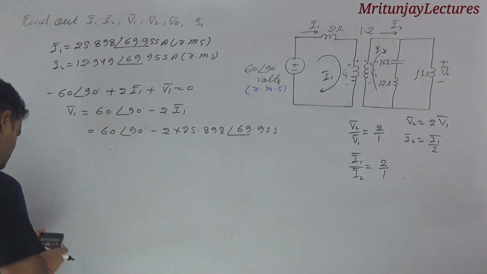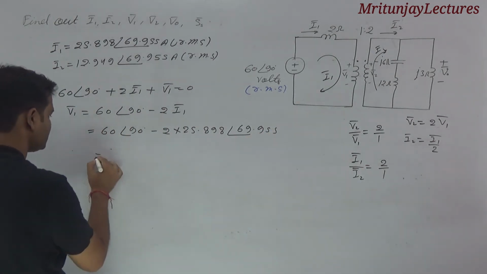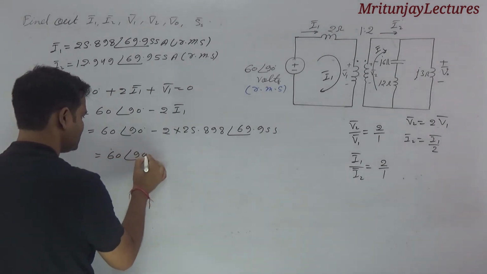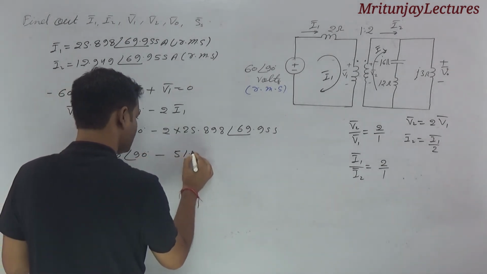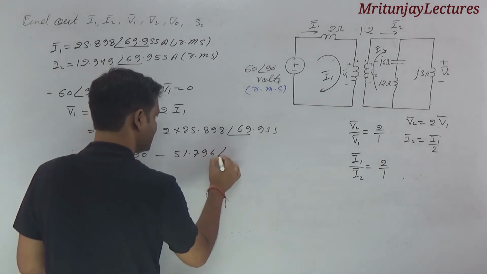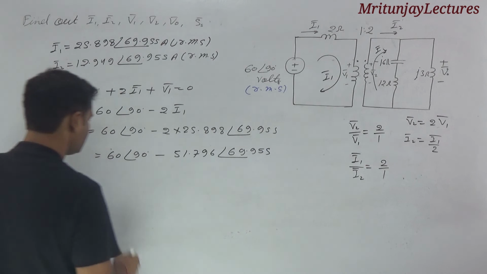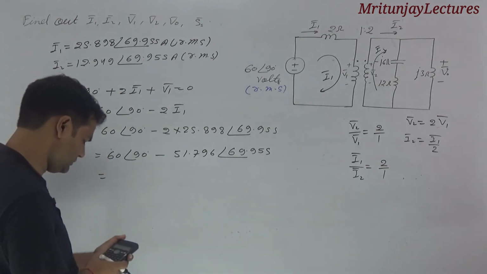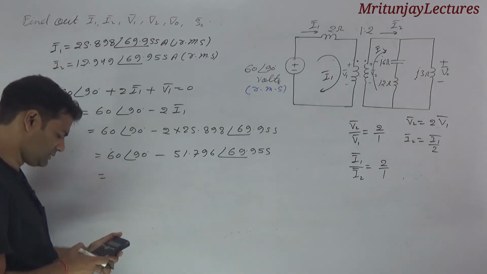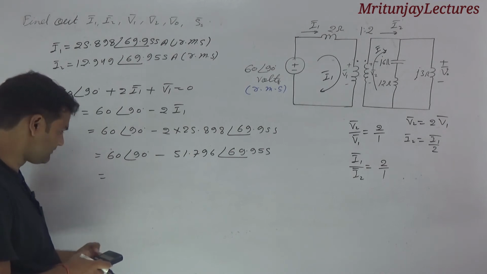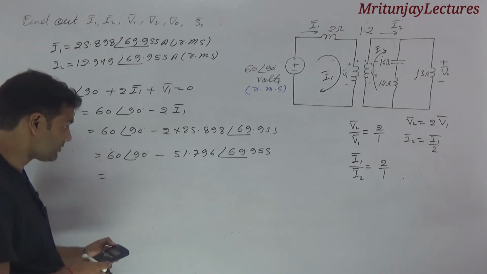So 60 at the angle 90 minus 51.796 at the angle 69.955.